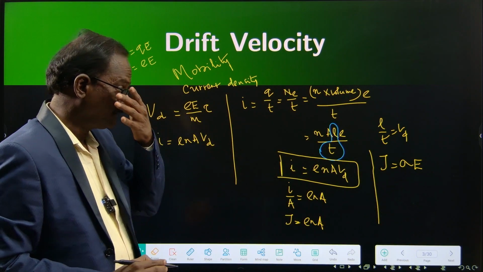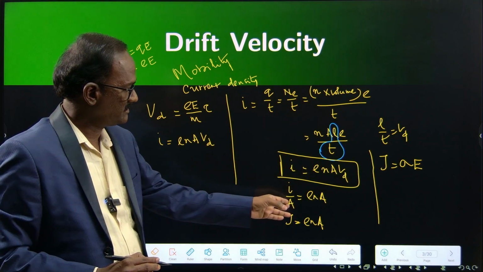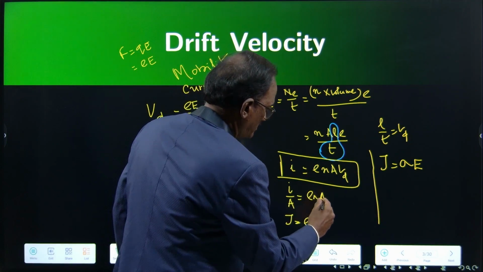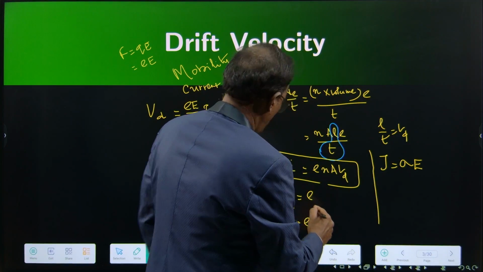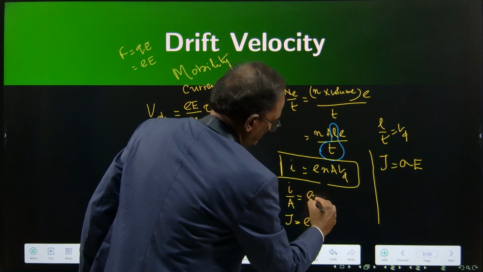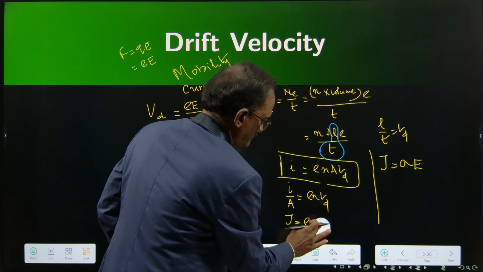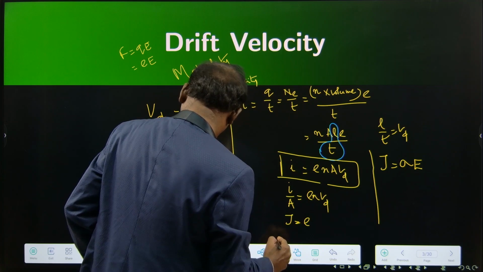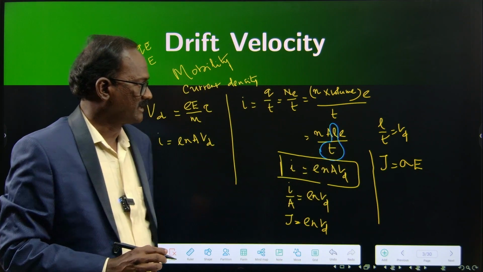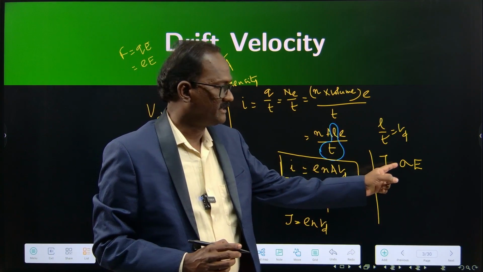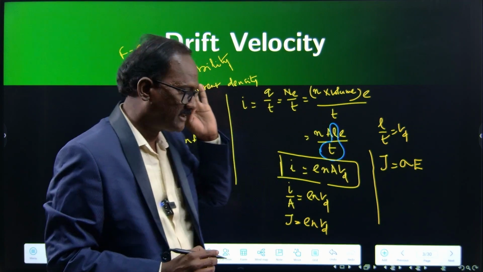Sigma is the conductivity of the material, J is the current density, current upon area, which is ENVd. Then current density J is equal to sigma E. Sigma is the conductivity of the material, E is the electric field applied, J is the current density.